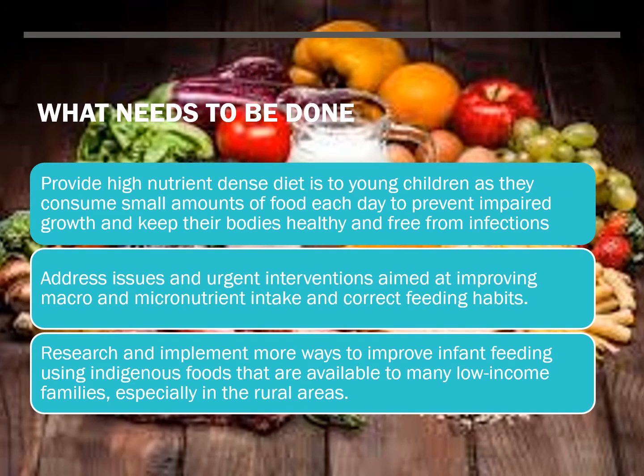So what needs to be done to fight against malnutrition by individuals, by communities, or even by other organizations like NutriHome at large is to provide a high nutrient-dense diet to young children, as they consume small amounts of food each day, to prevent impaired growth and keep their bodies healthy and free from infections.